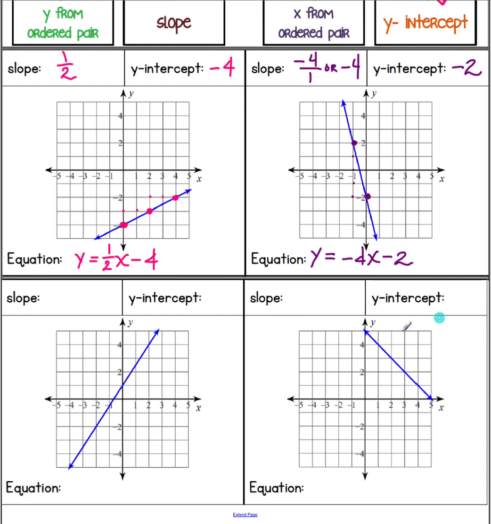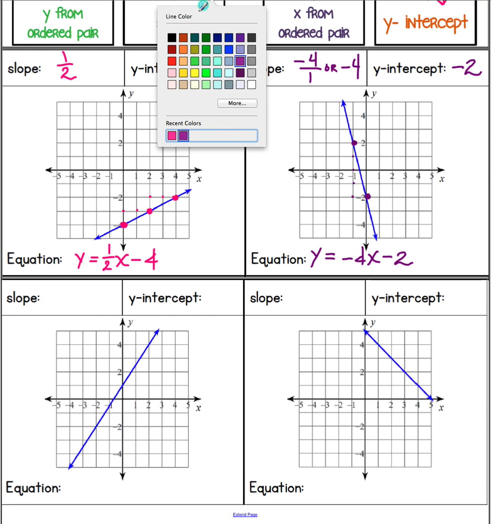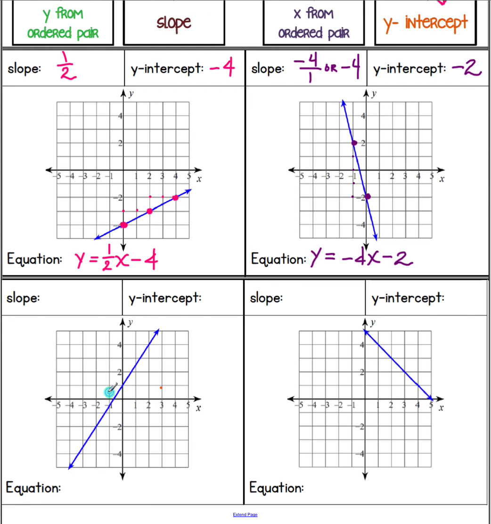Looking at two more. Our y-intercept in this case is right here at +1. Looking for our slope, there's a point there and another point here.